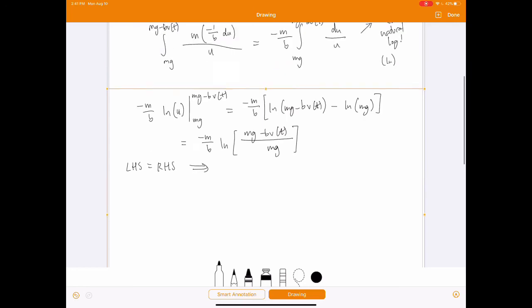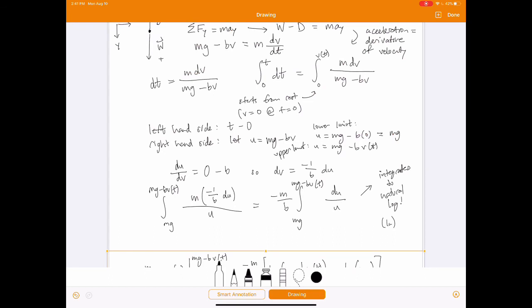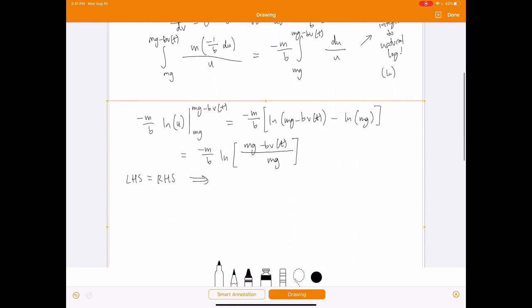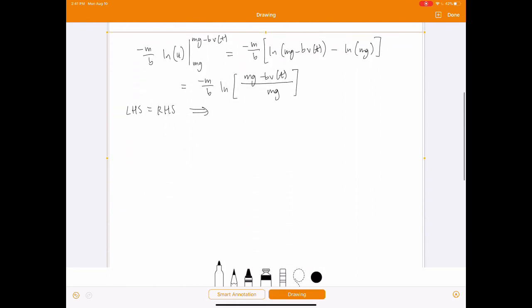Remember, the left-hand side integrated to just t minus 0, just t. And that equals minus m over b times the natural log of mg minus bv over mg. Okay, so to simplify that a little bit, here's what I'm going to do.